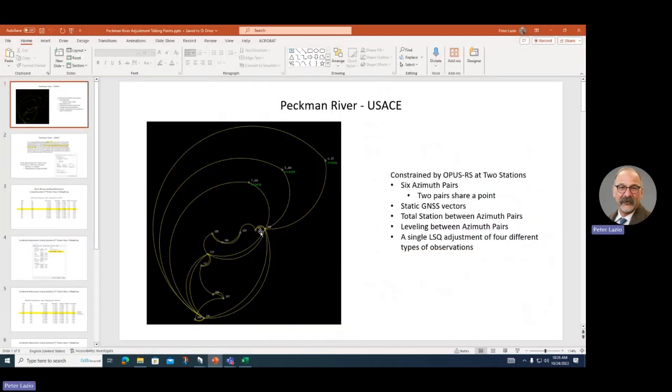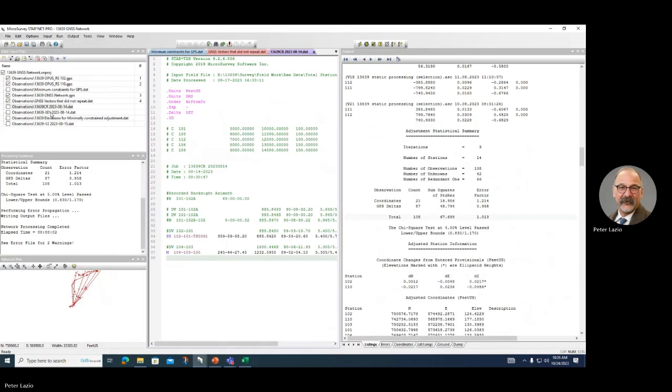For 101 and 102, we got distances measured. 103, 104, 105, we got distances and an angle, and then just distances between the others. This is the angle between the one that we have, and that includes the distance. This is a side shot to one of the reference points.